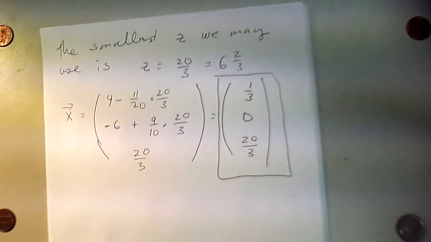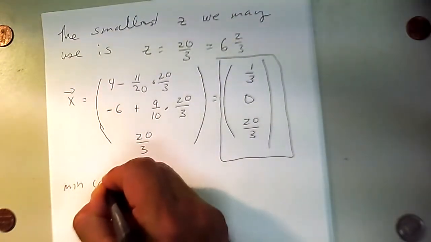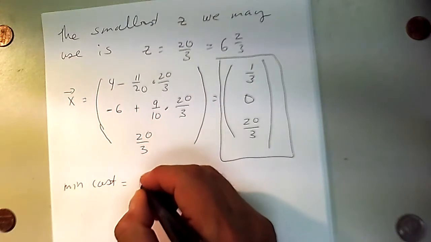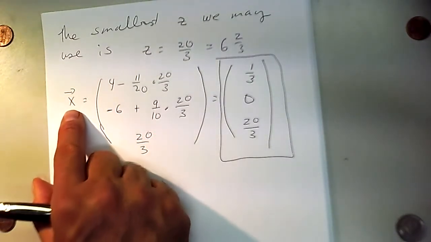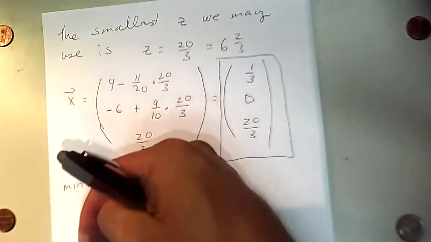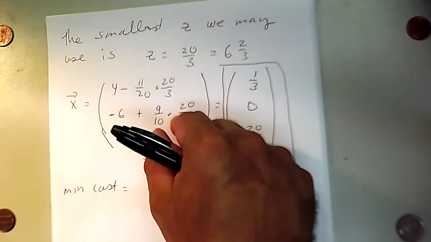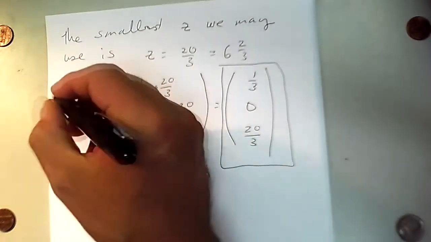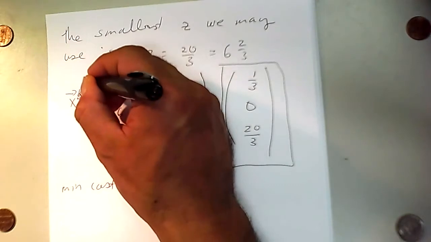What is the minimum cost? By the way, some books don't use this x. The x is the variable x. This is the actual solution. So maybe I'm going to call it xb, for best.